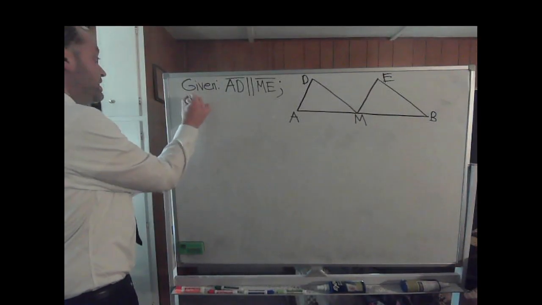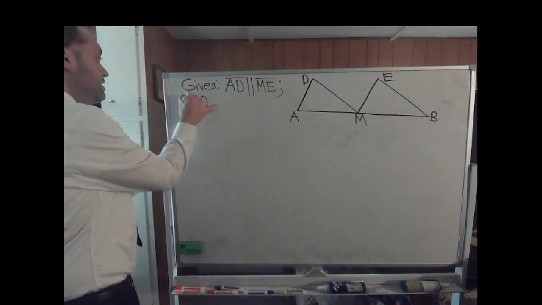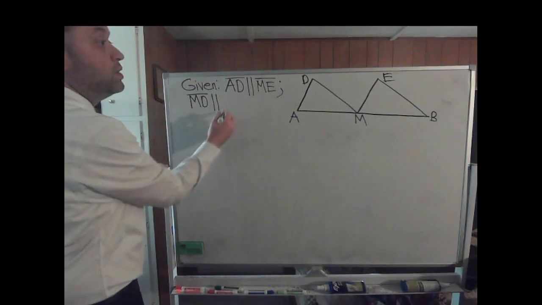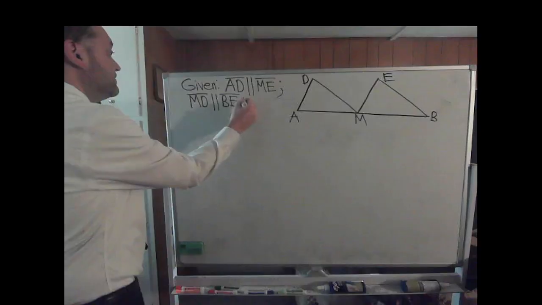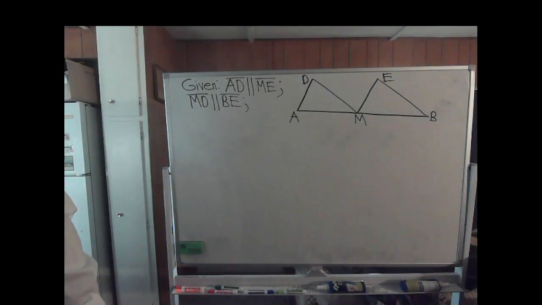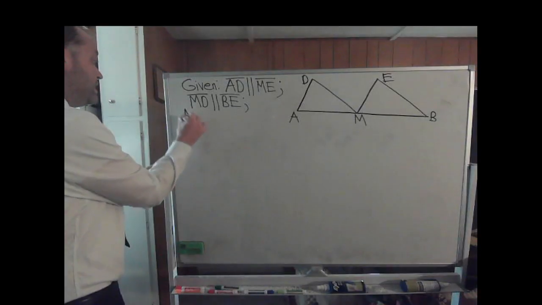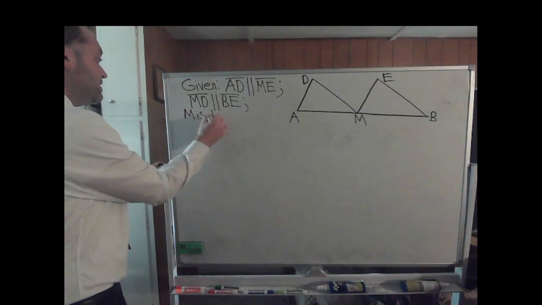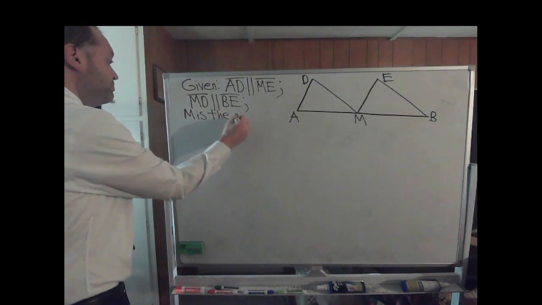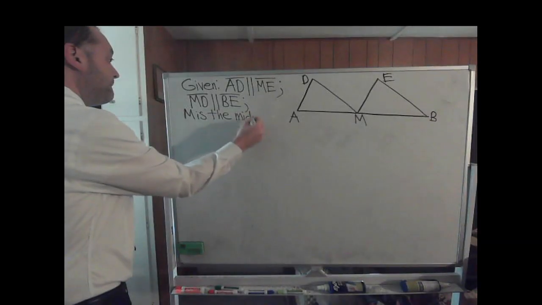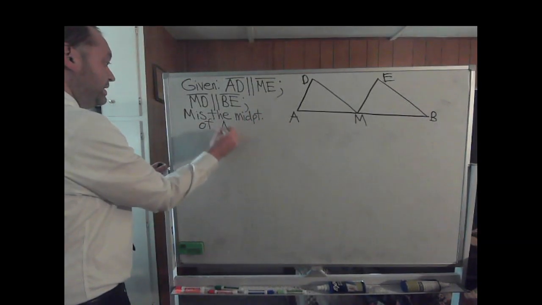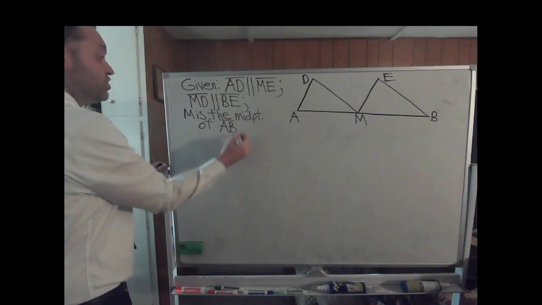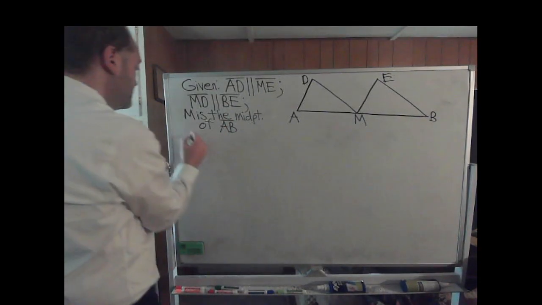We also have that MD is parallel to BE. And there's one more piece of given information. Also that M is the midpoint of AB. So we have all those pieces.